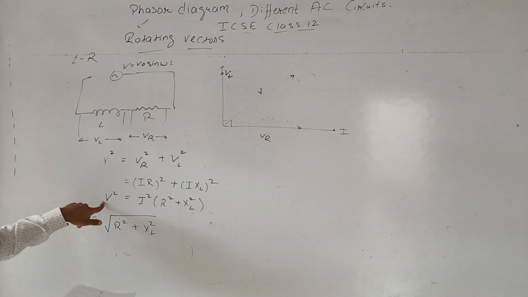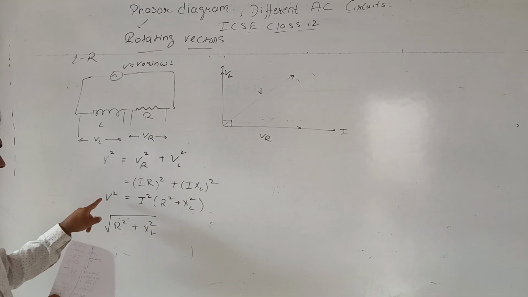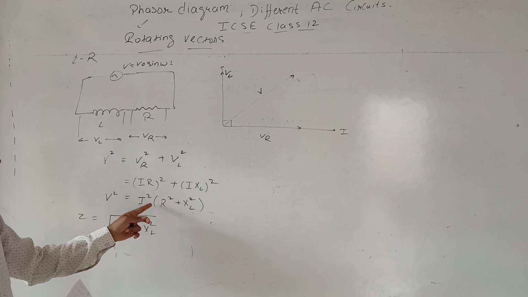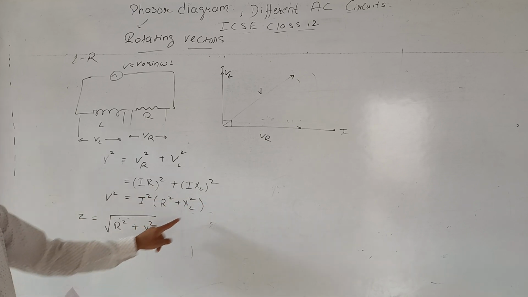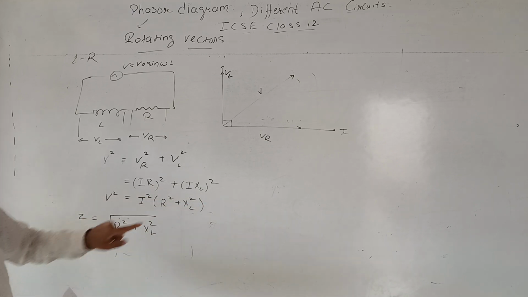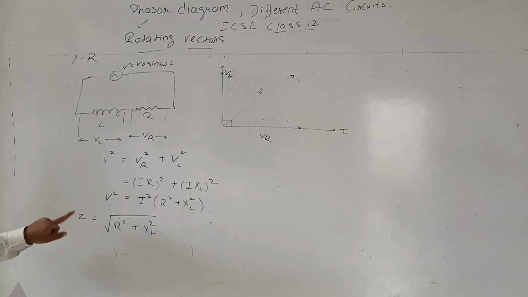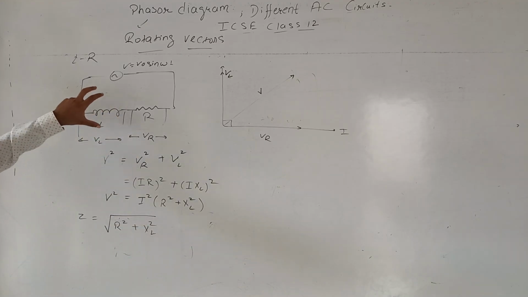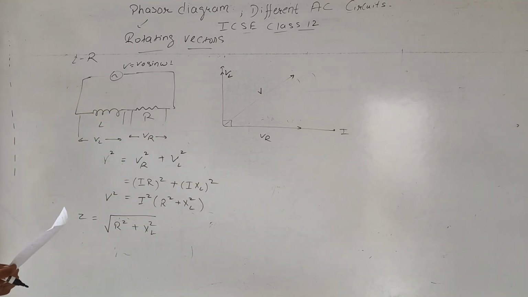Taking the square root on both sides, V is equal to I times the square root of R squared plus XL squared. So this will be the impedance, the total resultant resistance of the circuit.